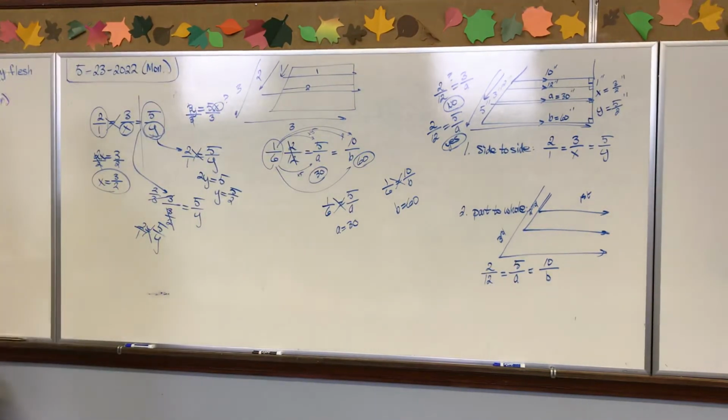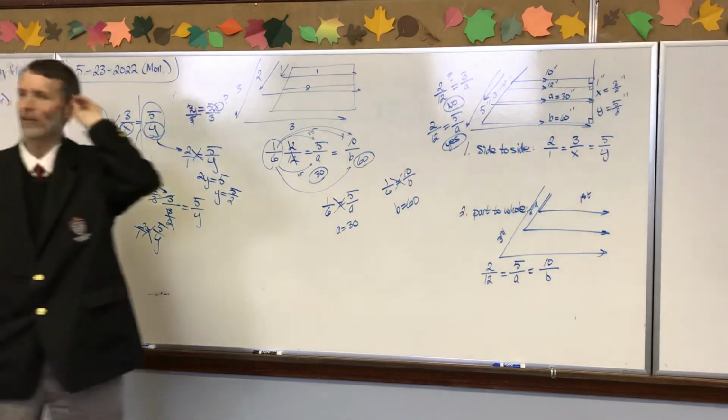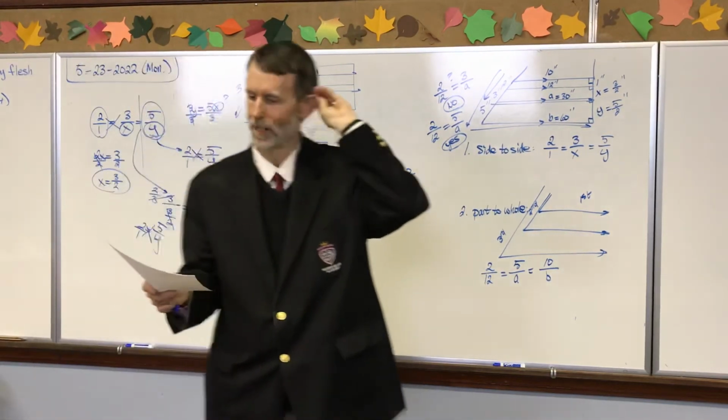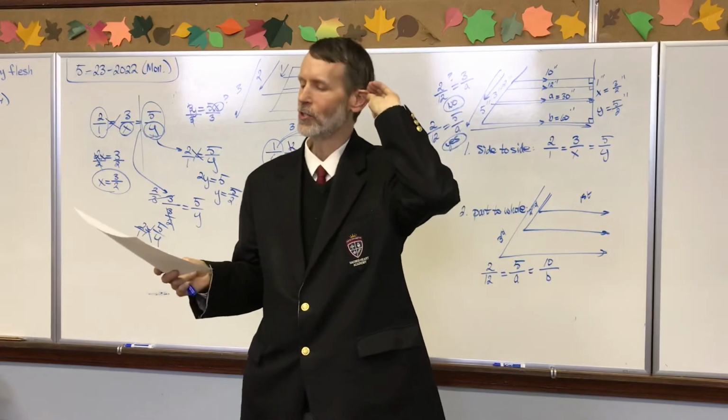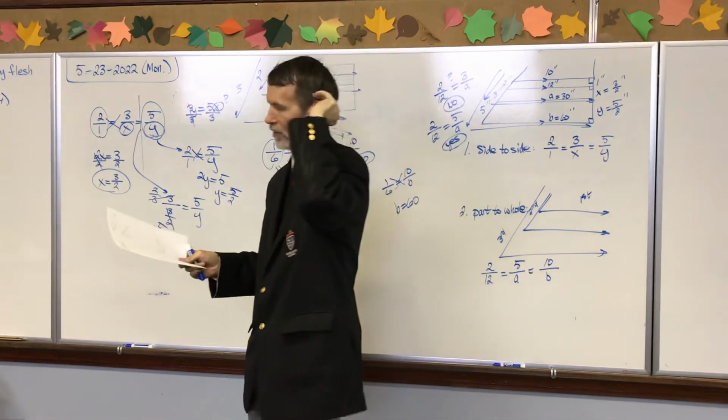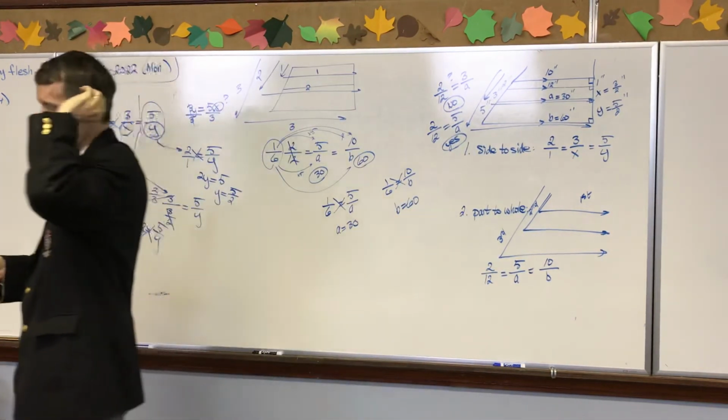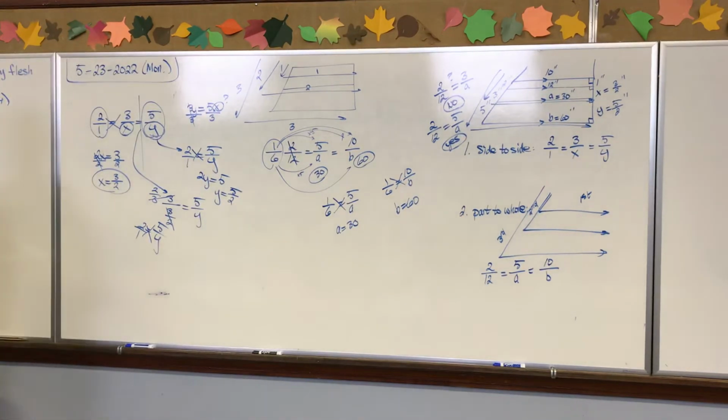9 goes to 12 equals, so 9 over 12 equals what? 15 to x, 15 over x. And then cross multiply and you're done. Does that make sense? You could also do 9 to 15 as 12 to x. Wait, why is it different? I thought it was 9 to 12. 9 to 12 is the easiest.